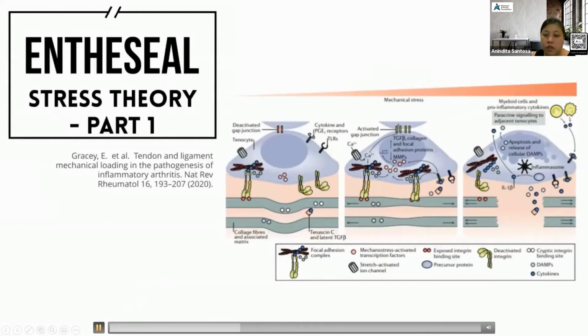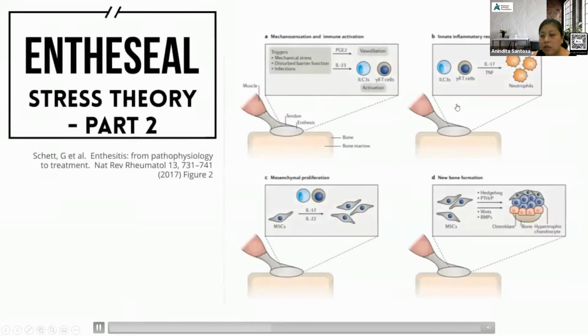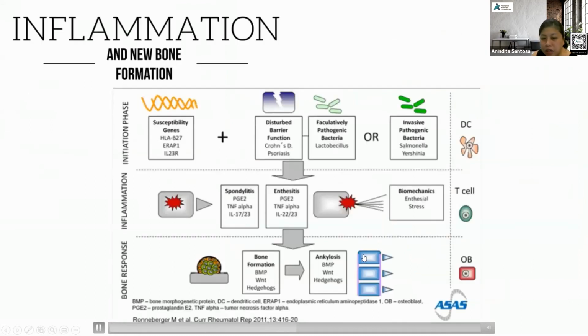What happens over the enthesis is when there's stress, the cells of the enthesis will release cytokines, or chemicals responsible for inflammation. And these chemicals in turn cause transformation of some other cells that form bone. I shall not bore you with the nitty-gritties, but that's essentially what happens.